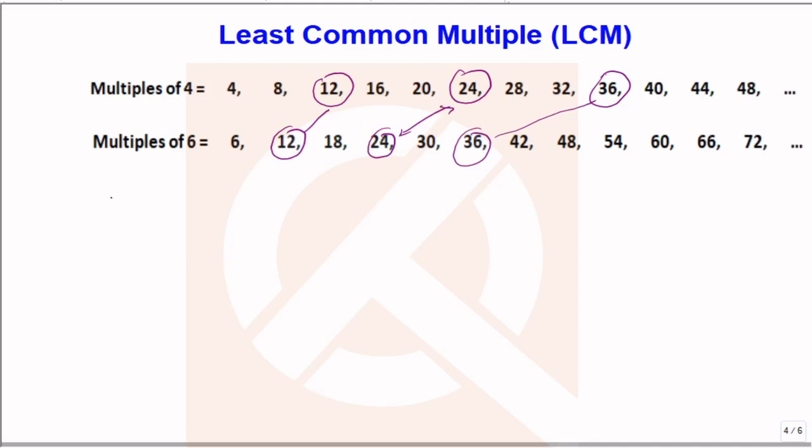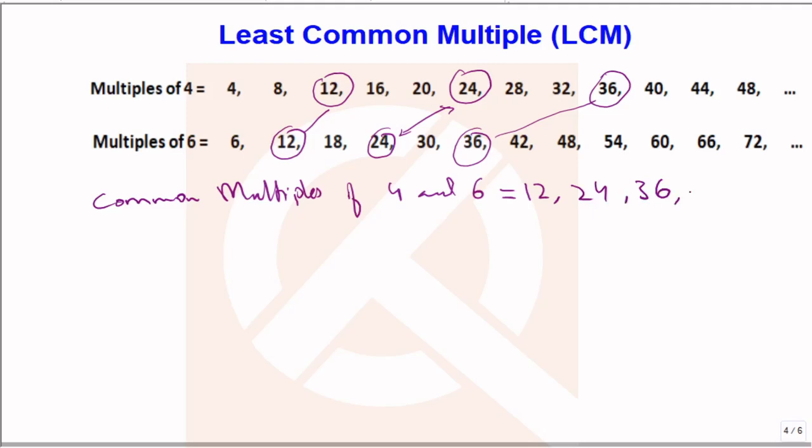So now we can say that the common multiples of 4 and 6 are 12, 24, 36 and so on.